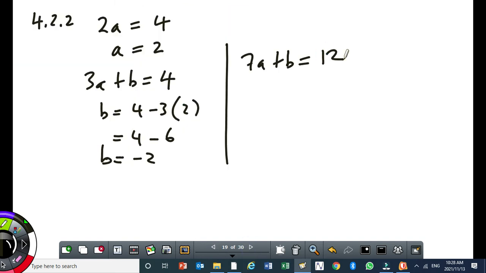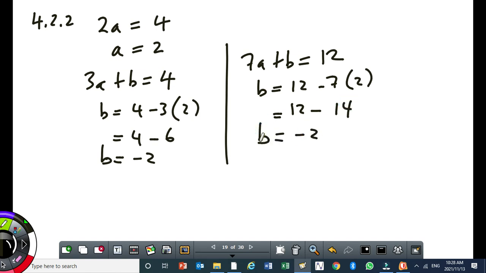Then b is going to be 12 minus 7 times 2. Now, 12 minus 14, we're going to get negative 2. So check this. Same answer.